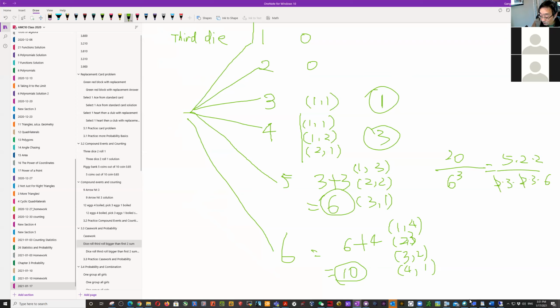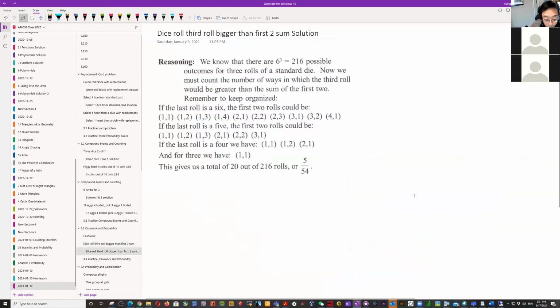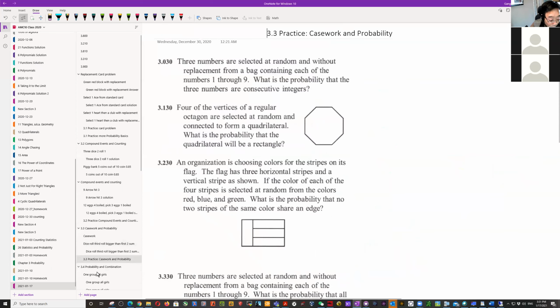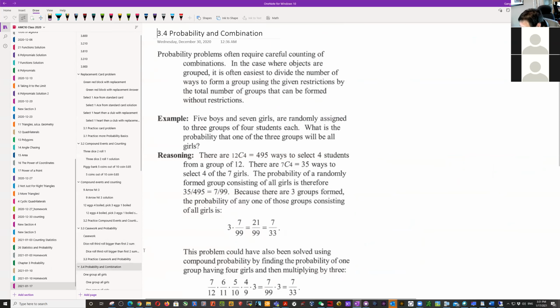So I'm going to cancel this 2 out. 5 over 6 multiply 9, 54. So that's going to be the chance. Let's check that, yeah, 5 out of 54. So that's the way that you can do it.